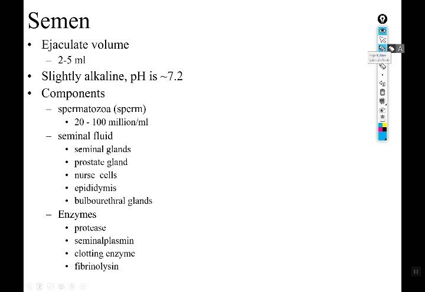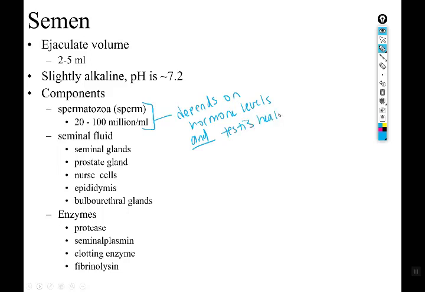So what's in it? Well, spermatozoa, and that's between 20 and 100 million, depending. So what does it depend on? Depends on hormone levels and testis health, right?